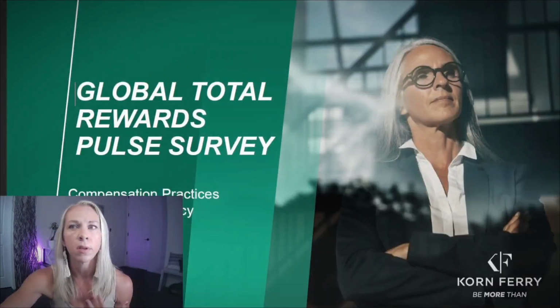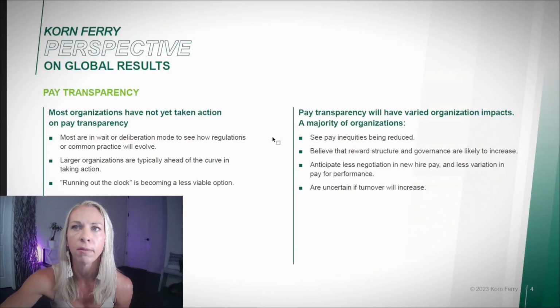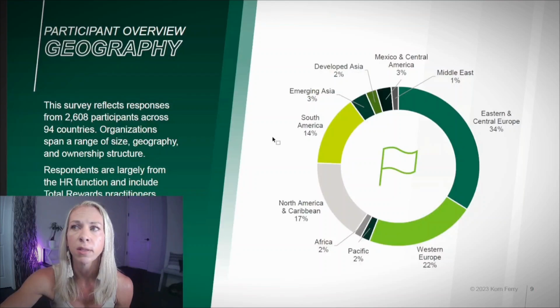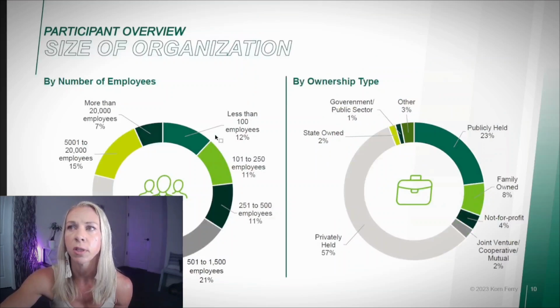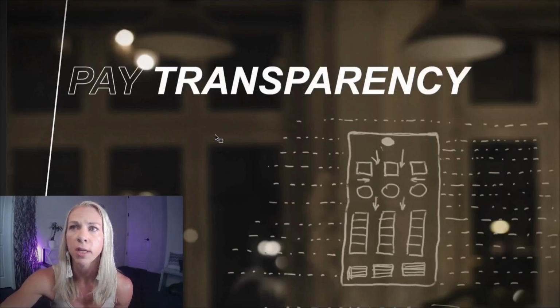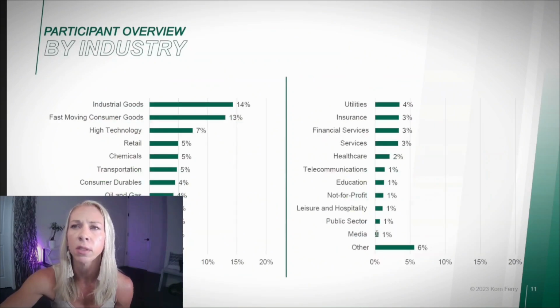There are also some generic surveys out there that you can have access to. However, these are not going to have dollars and cents put in there. It's basically all going to be what are the average increases we're seeing in each country, and then this breaks it up per government, state-owned, publicly held company, family-owned, not-for-profit, joint venture, privately held.